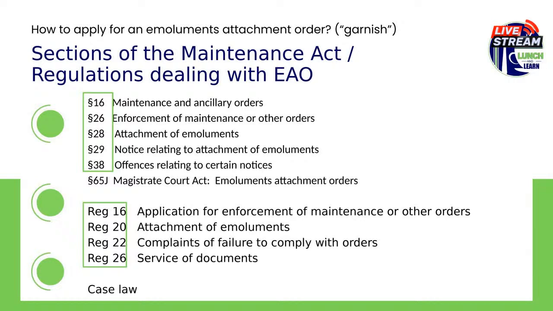In terms of the Act, section 16 deals with maintenance and the auxiliary orders. We will be discussing section 16.2 in quite some detail in a moment. Then section 26, which you'll find in chapter 5 of the Act, deals with the enforcement of arrear maintenance, with specific mention made of section 28, dealing with emolument attachment orders, or the attachments of emoluments.